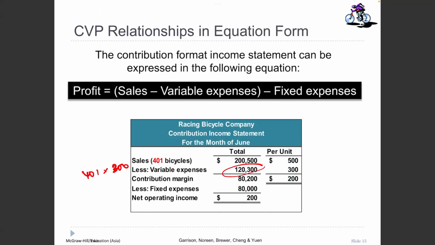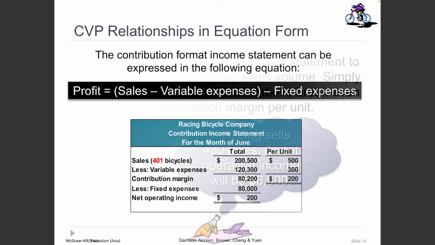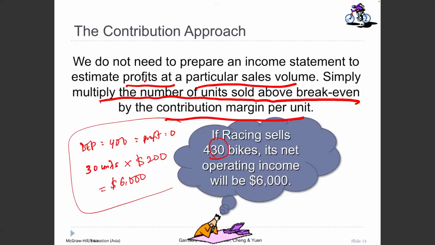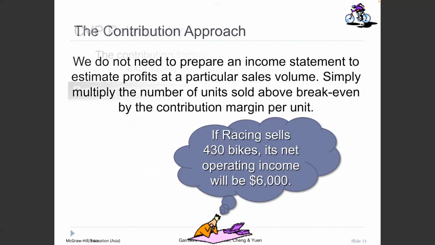So your contribution margin will be 80,200, minus fixed expenses 80,000. So you know the net operating income is 200. Using the method just now is easier than drawing up the income statement, but I will show you in the further slides.